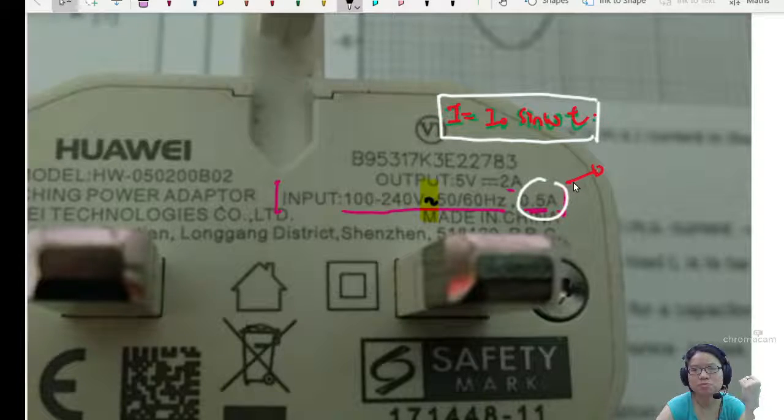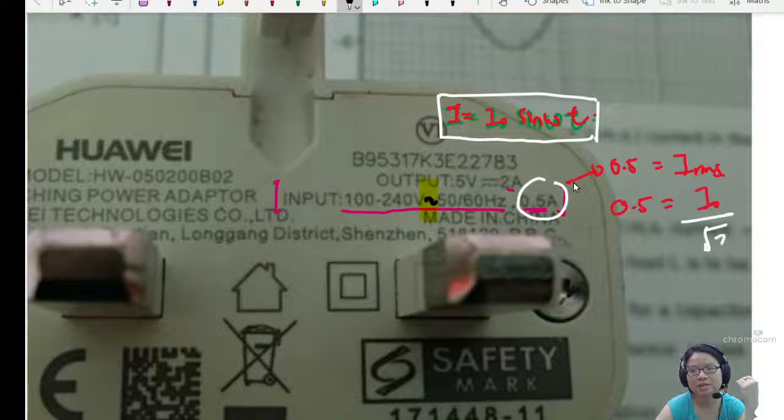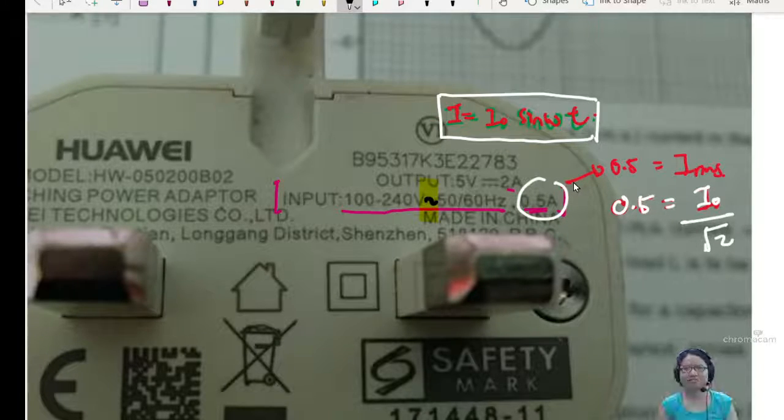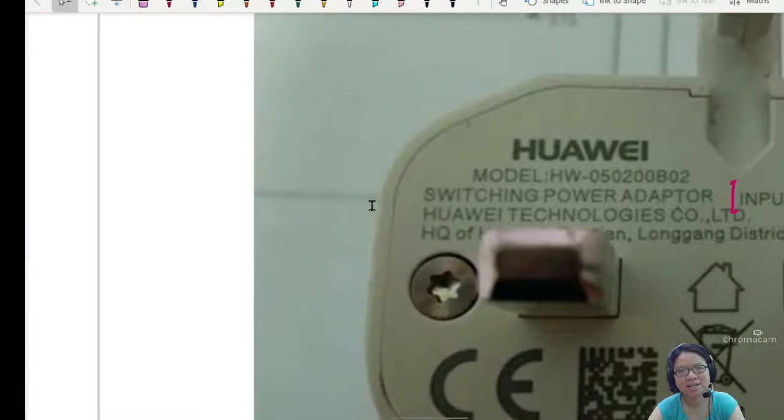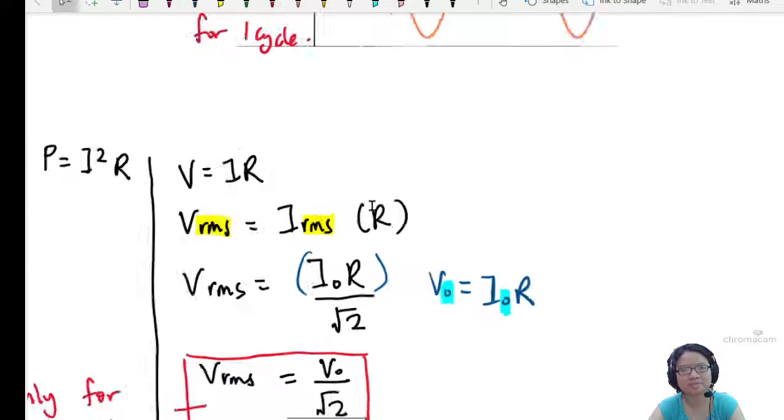This one is probably the IRMS, which we can calculate using I naught over root 2. So whenever you see this, you'll know: this 0.5 is IRMS, the root mean square current.